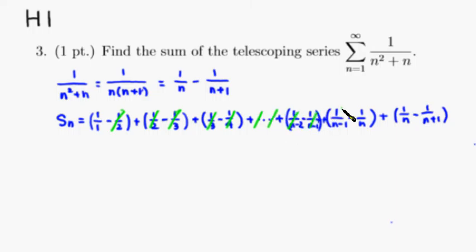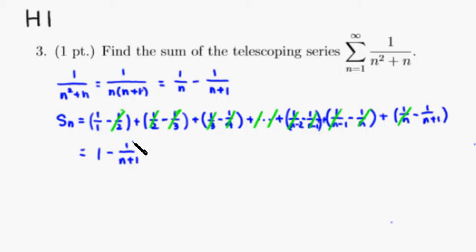These guys cancel out, and these guys cancel out. So you have 1, and minus 1 over n plus 1. This is how you find the partial sum.